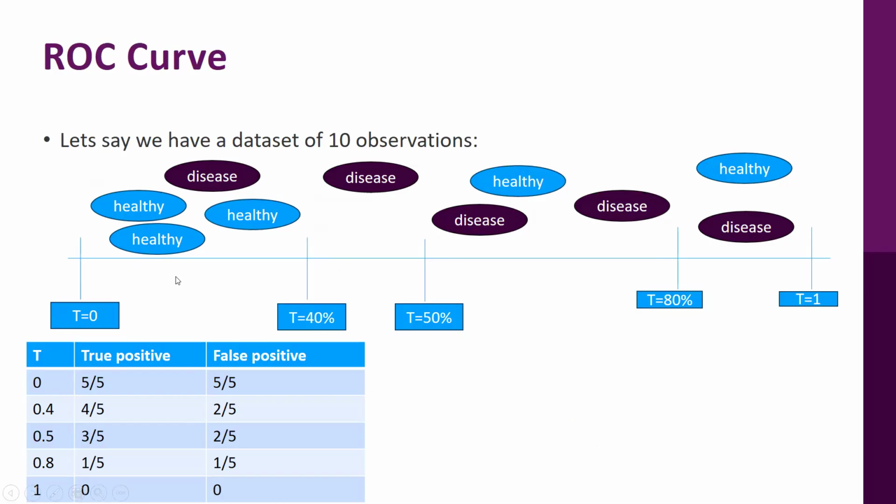But if the strategy of the healthcare organization is to not raise any false alarms and detect cases only if they are actually ill, then they might set higher threshold values. In that case, they would avoid having false alarms. And that's, again, something that is very, very objective dependent. So it depends really on what is the goal of the organization.